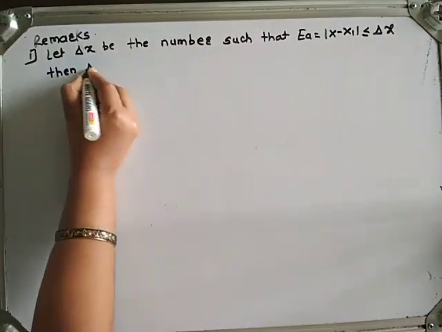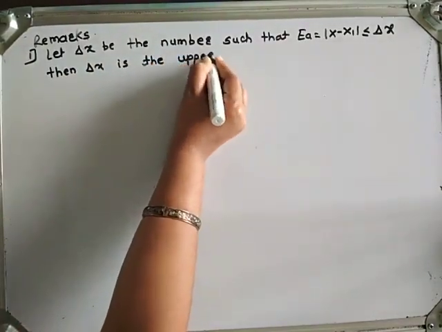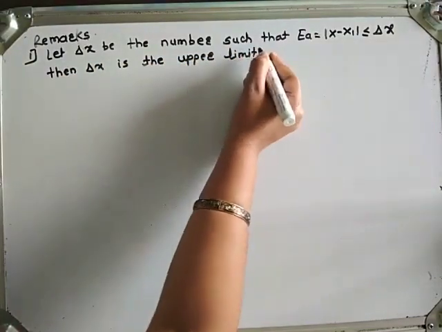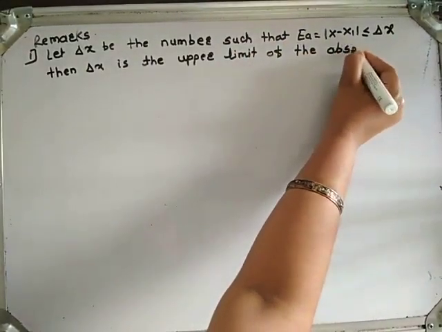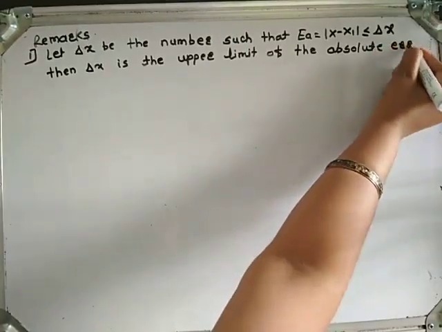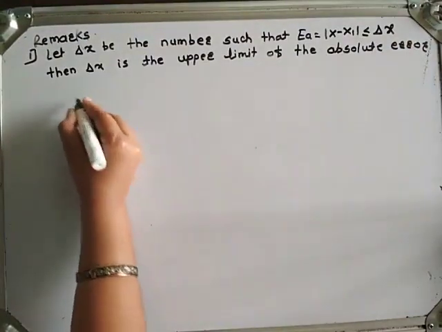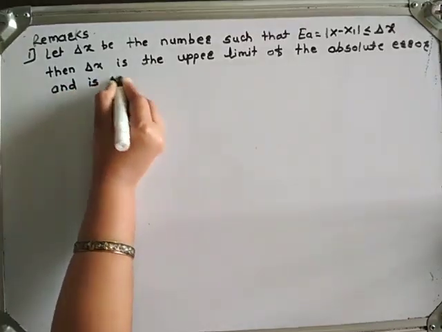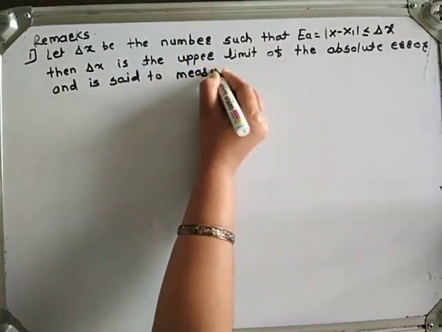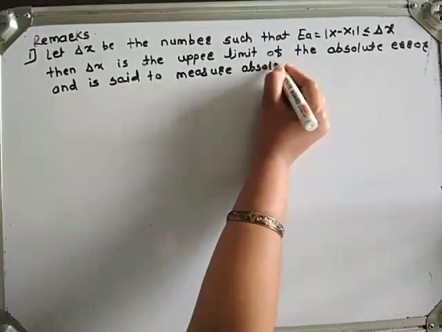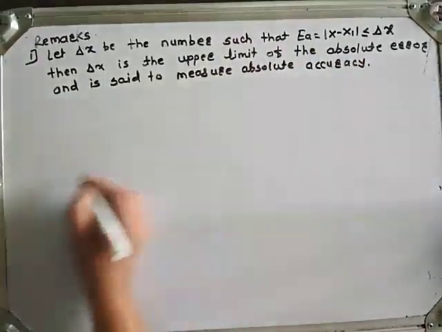Then delta x is the upper limit of the absolute error and is said to measure absolute accuracy.